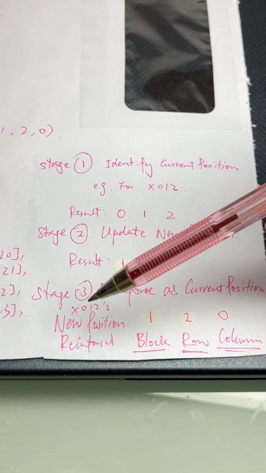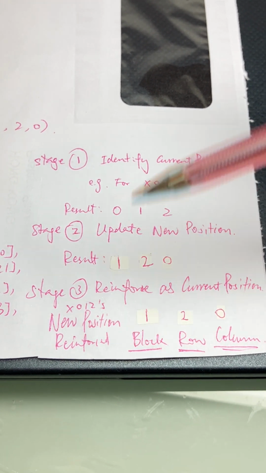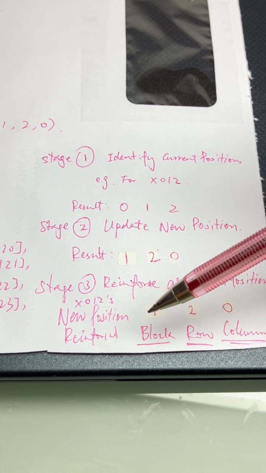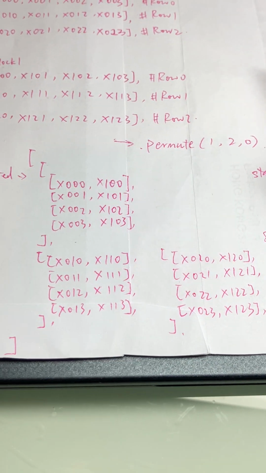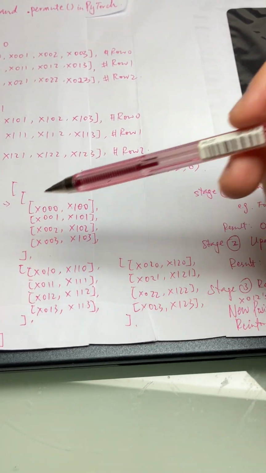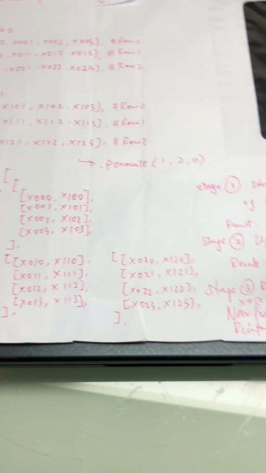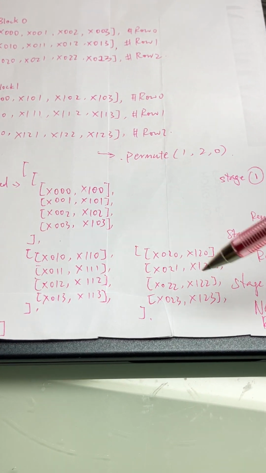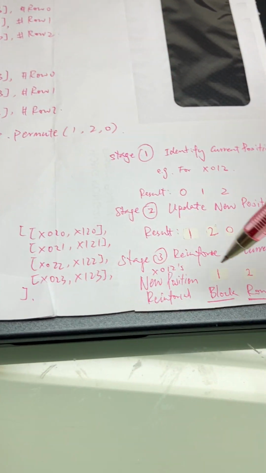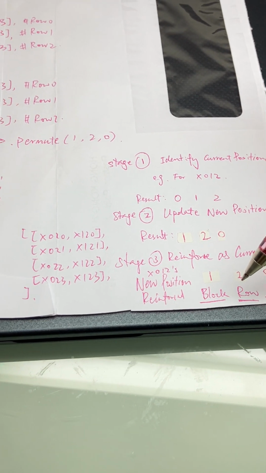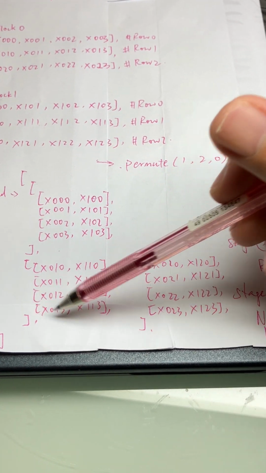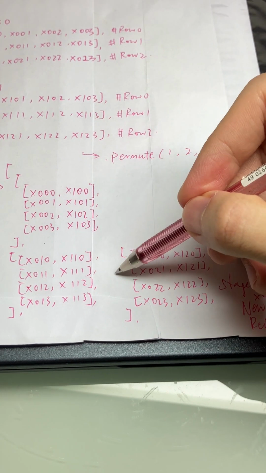Okay, let's check if I'm right. So this will appear in block 1. Okay, so this is the answer actually. We will try to validate that. Block 1, where block 0, 1, 2... so we sit here, block 1. Oh, and row 2, okay. Row 0, row 1, row 2 here.